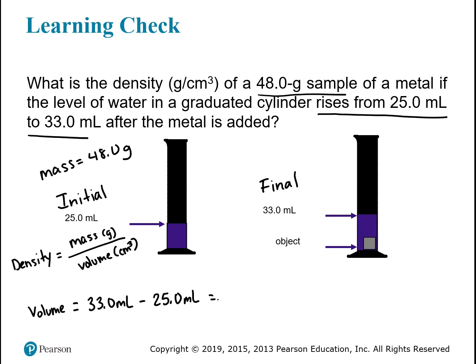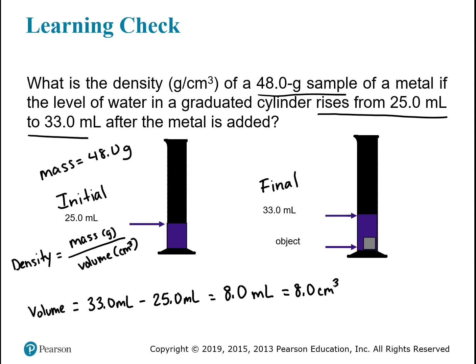Remember the rules for adding and subtracting with sig figs. We've got to the tenths place on both of our measurements, so we need to represent this as 8.0, not just 8. We don't want to lose any significant figures. And 8 milliliters is the same thing as 8 centimeters cubed.